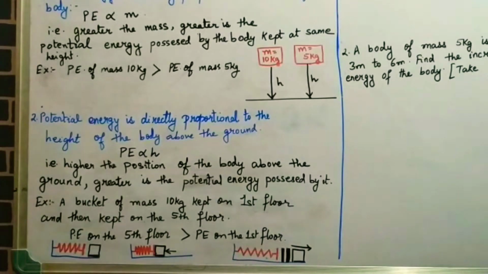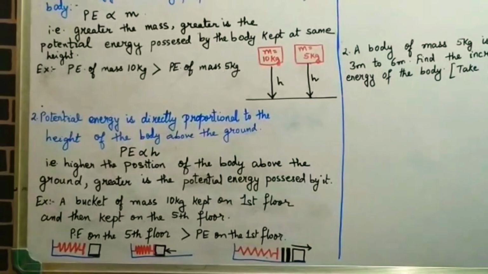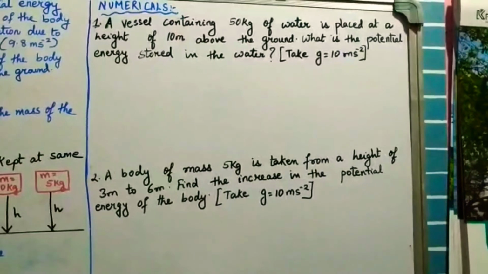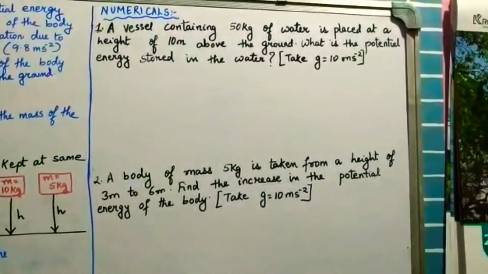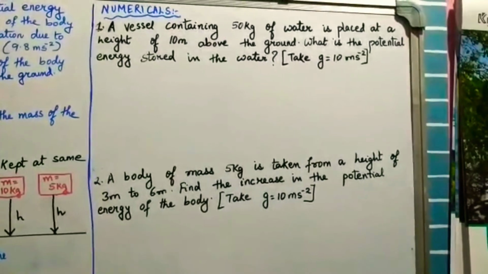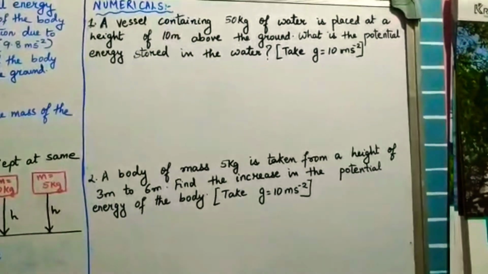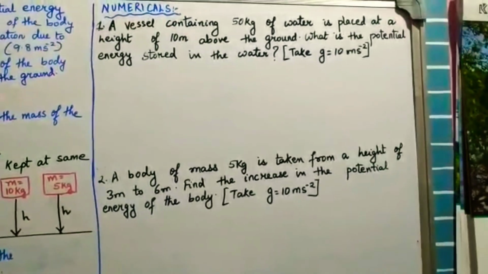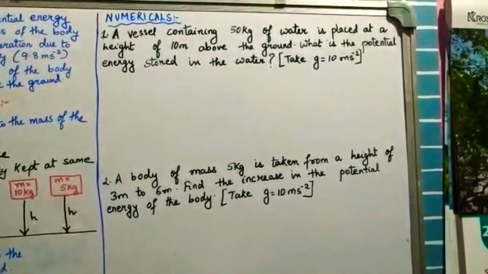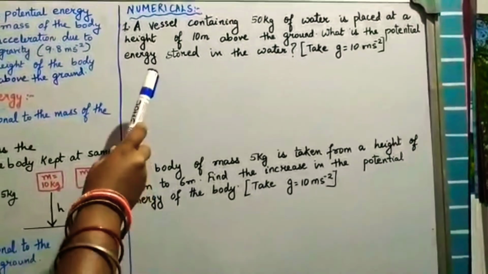Now let us talk about numericals based on potential energy. Just like we solved the numericals of kinetic energy, let us also solve numericals based on potential energy. You can see there's a question on the board.